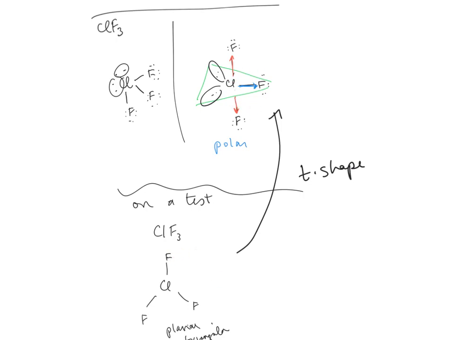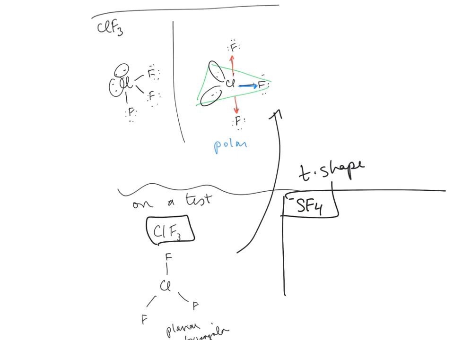You would have come up with some other thing. Another example here might be, what was that one with the, let's see. Let me see here. So SF4, okay? So if I had said SF4 on a test, you might say, okay, that's got to be tetrahedral because, oops, erase a little bit too much there.